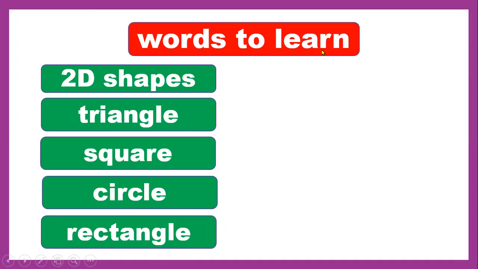So what are the 2D shapes? 2D shapes have width and height. So that's why we call them 2D shapes. The 2D shapes have only width and height. And we have the four basic shapes: triangle, square, circle, and rectangle.